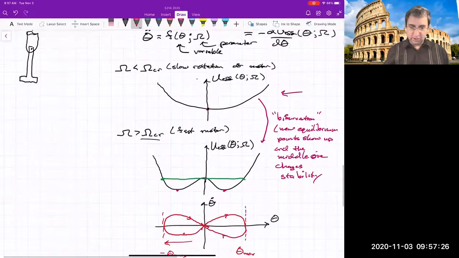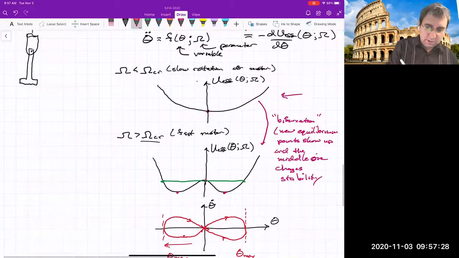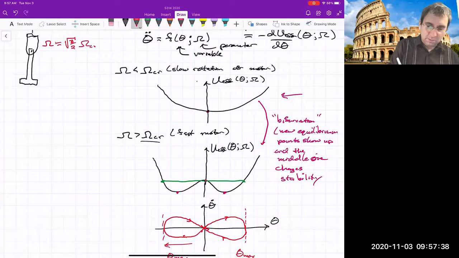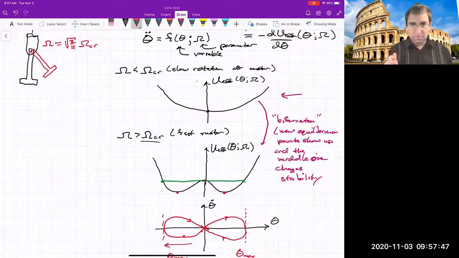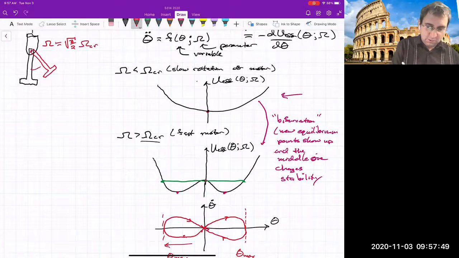So if we were to look at how this thing could move, if we've got omega at that certain critical value, or above the critical value, I think it's this square root 3/2, then this T shape, even though it starts in the downward position, could shoot out to theta max.